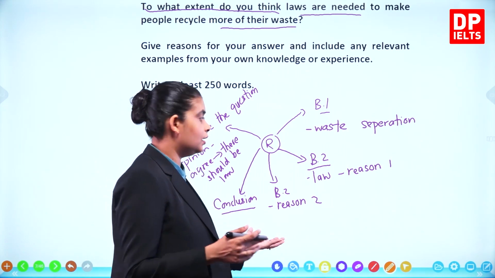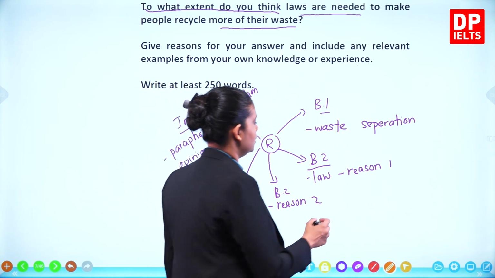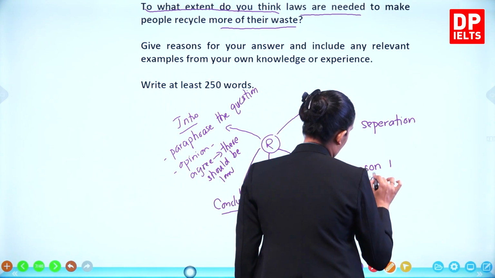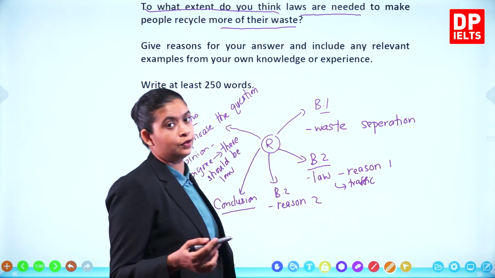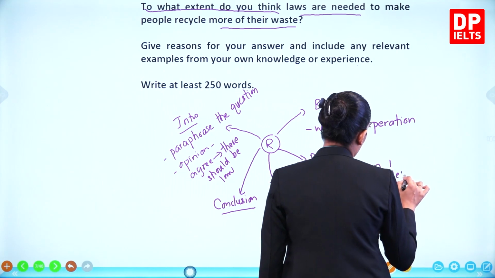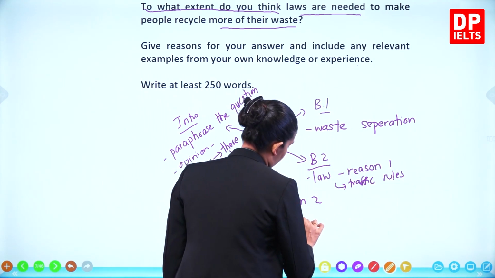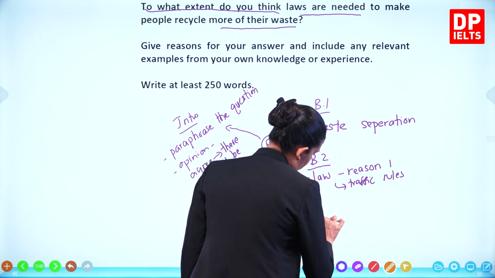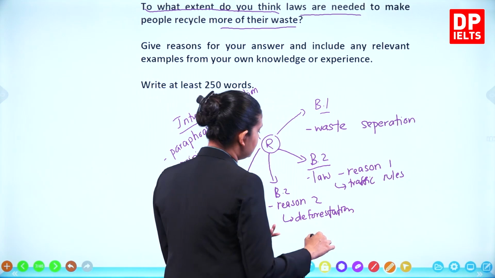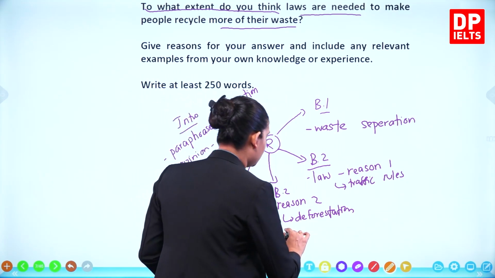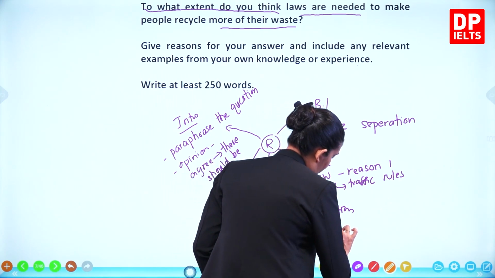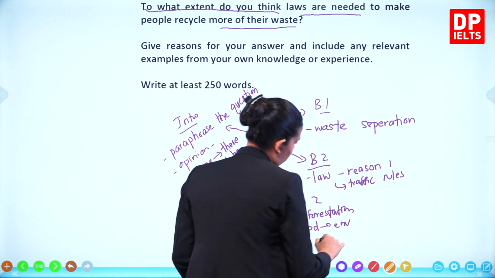Okay, so here we could talk about deforestation, just like traffic for an example. Where when you break the traffic rules or traffic laws, they give you a punishment, right? Just like that we should have something, and here it's just like deforestation. Because why? Doing something is always good for the environment. This is good for the environment, right?